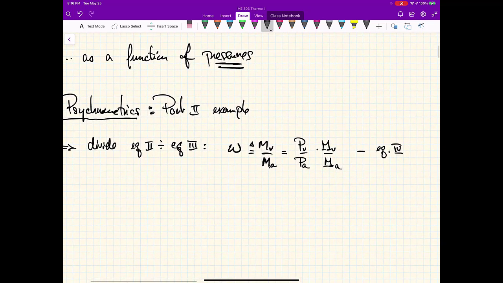But now I really want to cast this in nicer form. We don't need to carry out these molecular masses as I've got here for no reason. So let's clean this up a little bit.